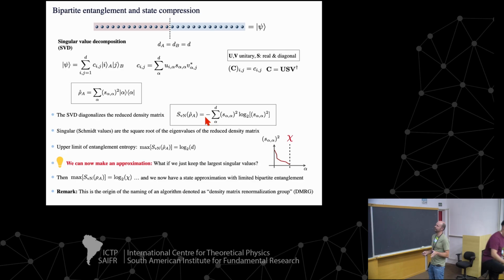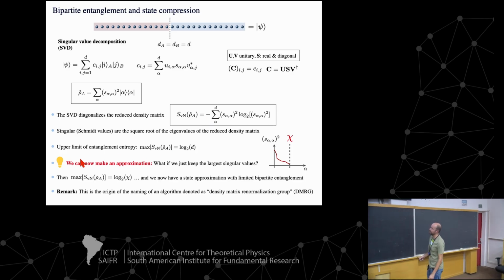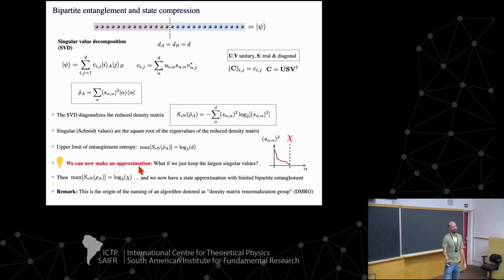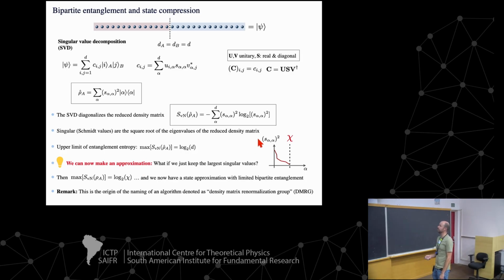Okay, so with the singular values, I can compute this entanglement entropy. But also what's really nice, and an important point I highlight here, is that I can compress the information of my big state. Because these singular values squared are a probability distribution.